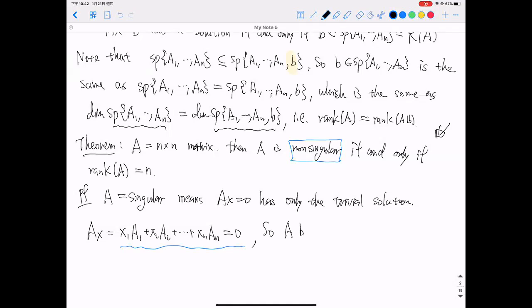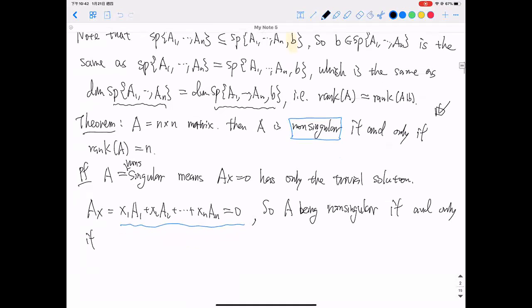So A being non-singular is true if and only if A1 through AN is linearly independent, right?